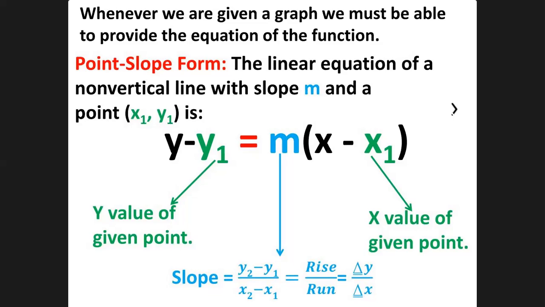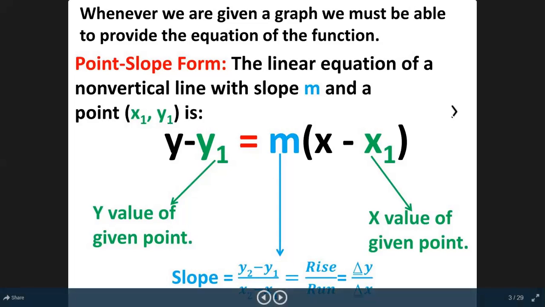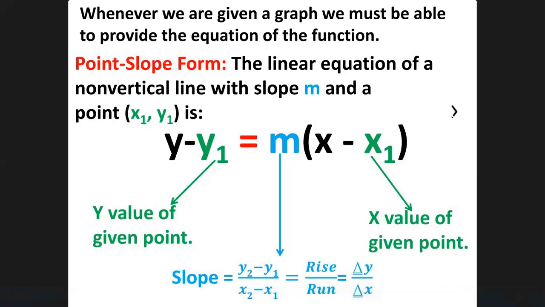It is the linear equation of a non-vertical line, since a vertical line is a special case, with slope m and point x1, y1. The point which is given to us, we write as x1 and y1.